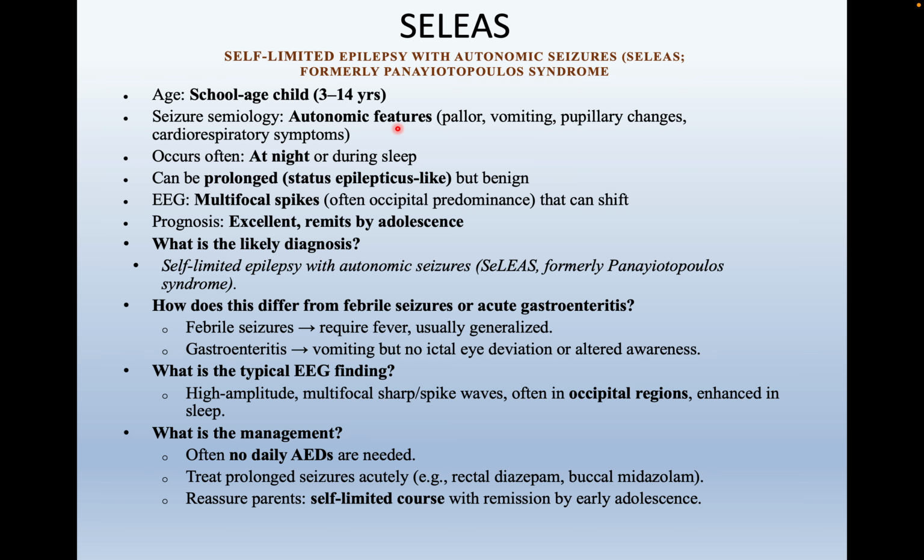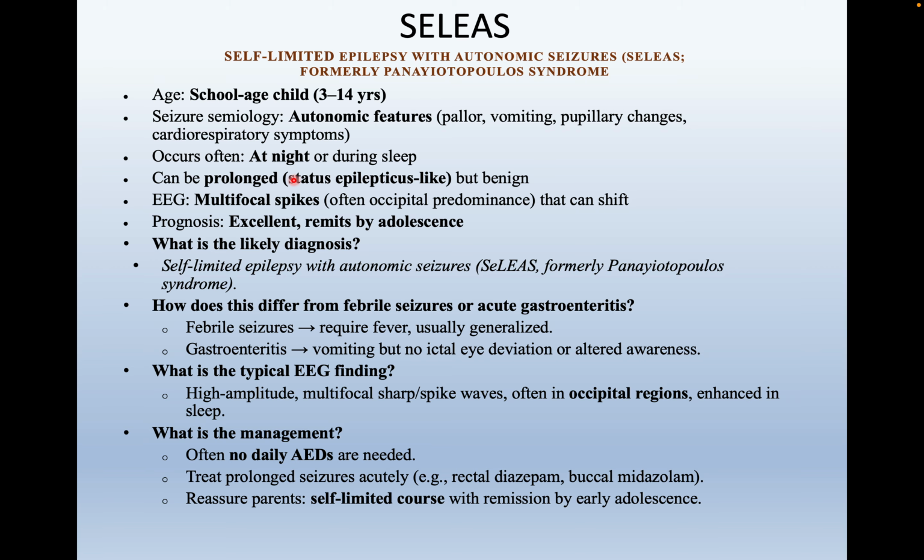At school age, it comes with autonomic features like pallor, vomiting, pupillary change and cardiorespiratory symptoms, and it is the only one coming with autonomic seizures. They occur especially at night or during sleep, where the child wakes up, sits up or starts to vomit many times.